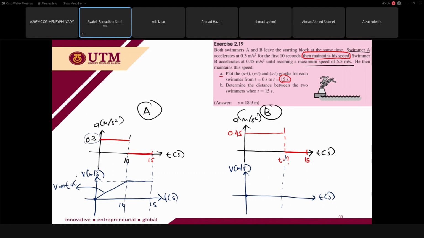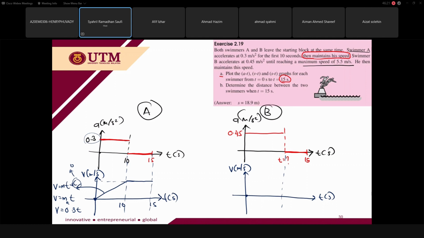So the y-intercept here will become 0, so you have v equals mt. The gradient of the velocity graph is actually the m here, which is v equals 0.3t, for this line.